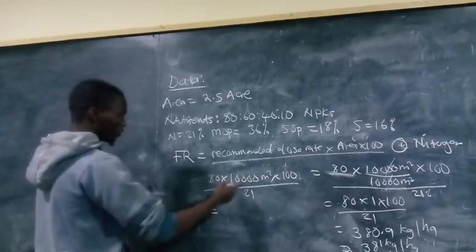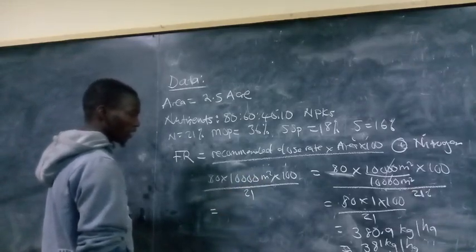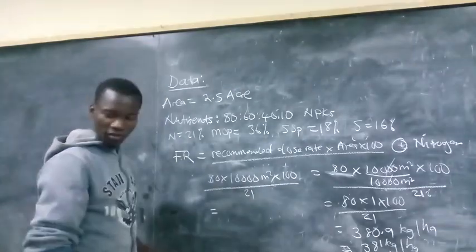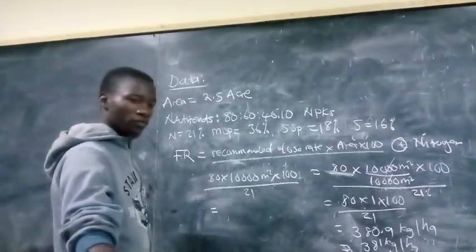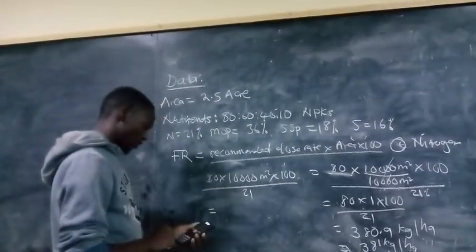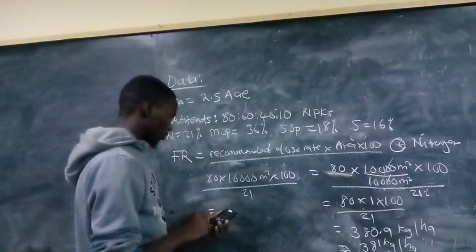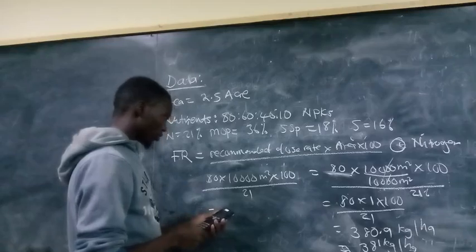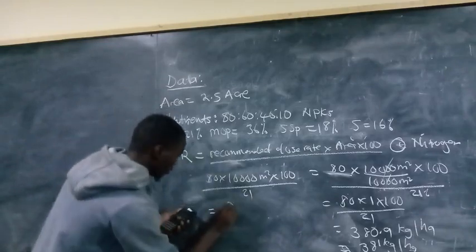So when you multiply this figure, you're going to get a certain number. Let me just use a calculator so that I get a figure here. So with the calculation we have here, 80 by 10,000, by 100, you get this figure here.